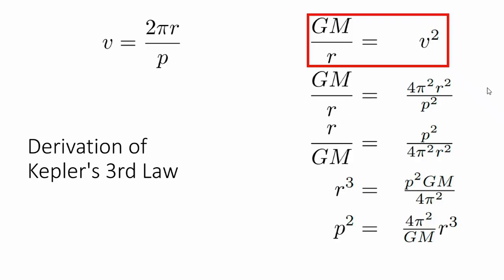Right? I'm just doing velocity equals distance divided by time. Now I'm going to square both sides of this equation so I can plug it in for this velocity on the right-hand side.